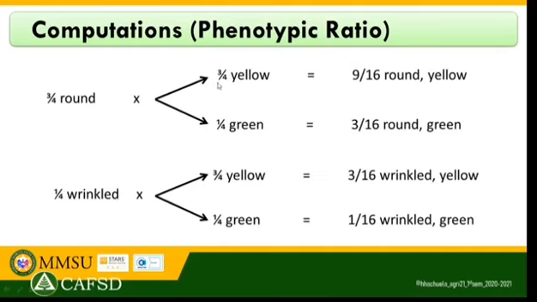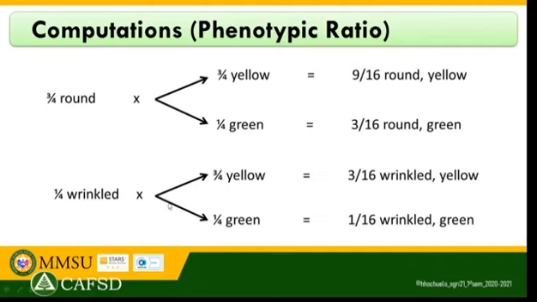And then we have 3/4 yellow, 1/4 green. We multiply 3/4 with 3/4 yellow. We produce 9/16 round and yellow. Okay? And then 3/4 times 1/4 green, we produce 3/16 round green. Again, 1/4 wrinkled times 3/4 yellow, we produce 3/16 wrinkled yellow.